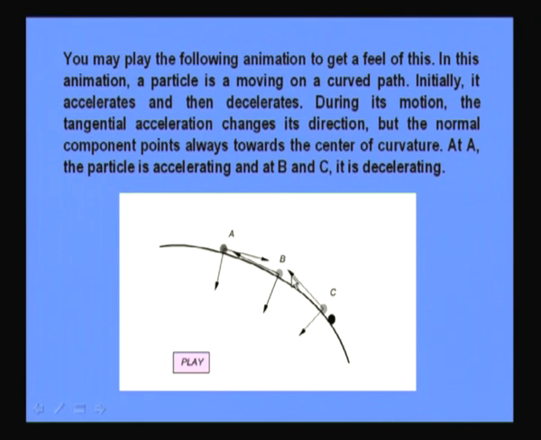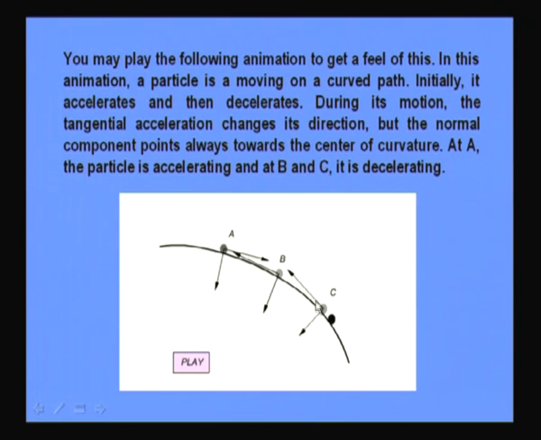At point B, the particle decelerates. That means its speed starts decreasing. Therefore, the tangential component is along this direction. However, the normal component is still towards the center of curvature. At point C also, the normal component is towards the center of curvature.